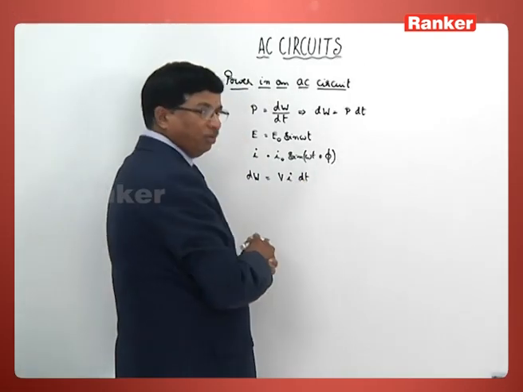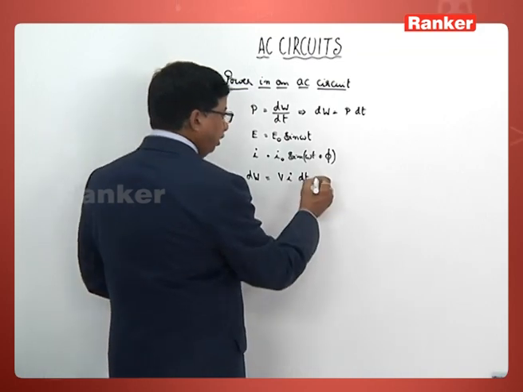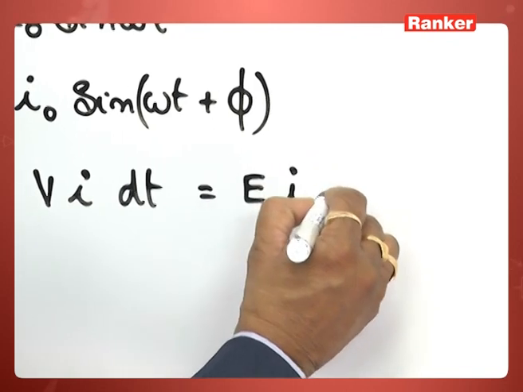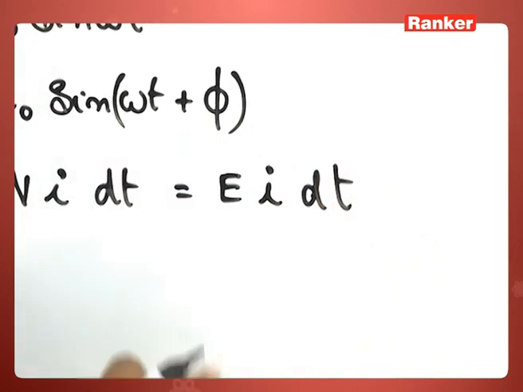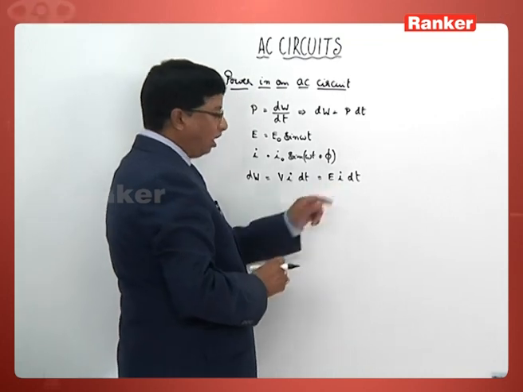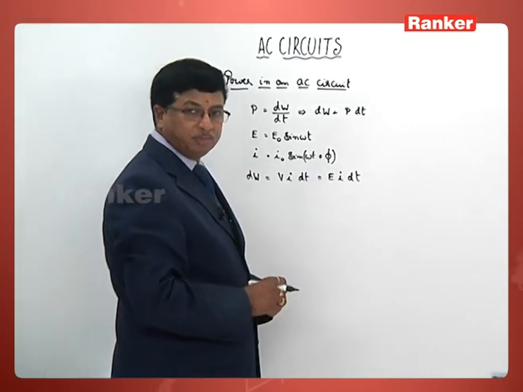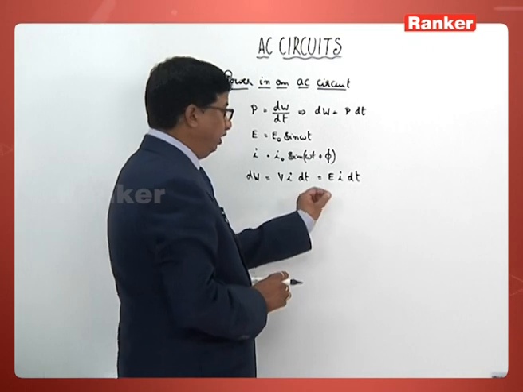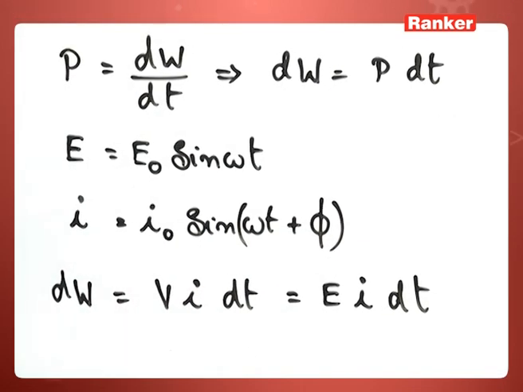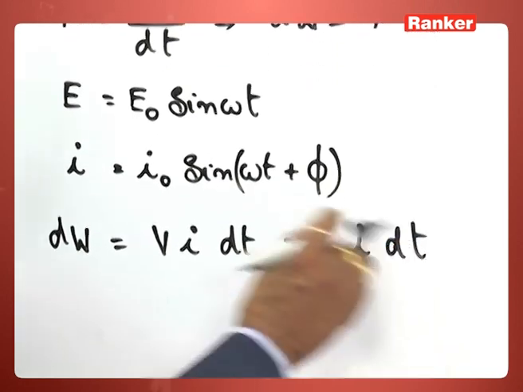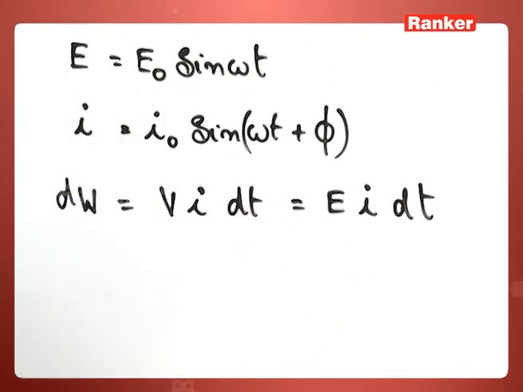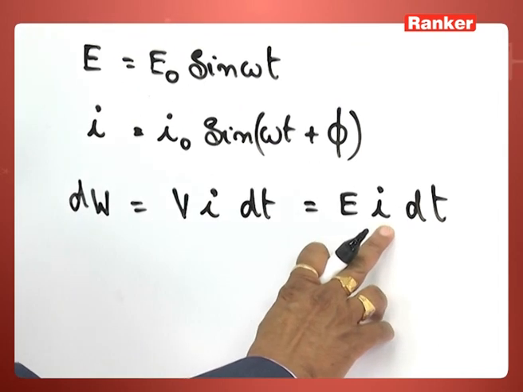That is the basic equation. Here we can rewrite the same as E into I into dt, E for EMF, I for current, and dt is the variation in time. Now E into I into dt. But what is E? We have specified here. What is the value of I also?